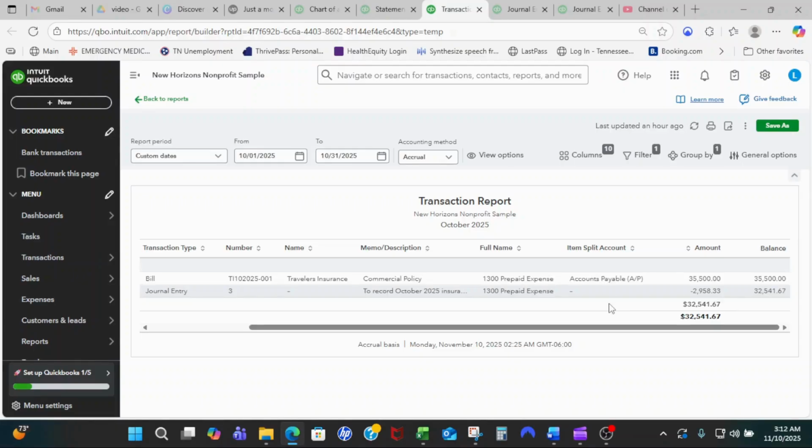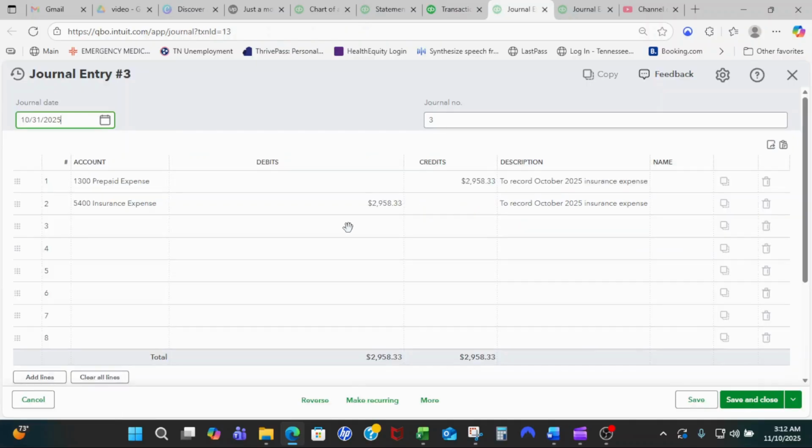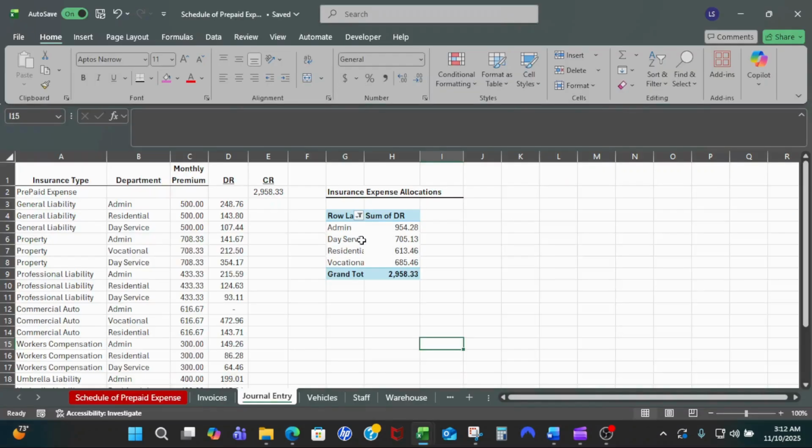So in order to reconcile this account and make sure everything is categorized correctly, we just need to do a correction to allocate this expense by department. Look at our schedule. This is what the journal entry should look like, with our expenses being allocated like this.